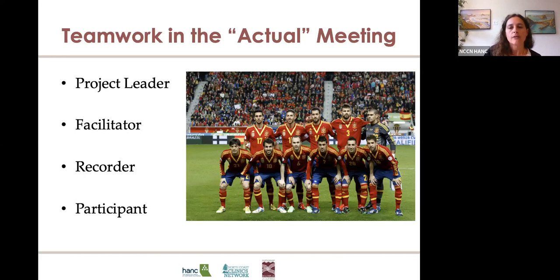And so that facilitator is really the person in the meeting that's guiding the conversation. They're guiding the group through the agenda, as folks had commented, keeping everybody on task and target for what the goal of the meeting is.